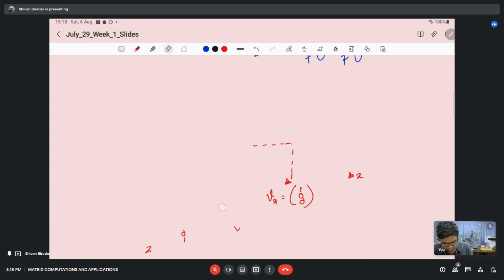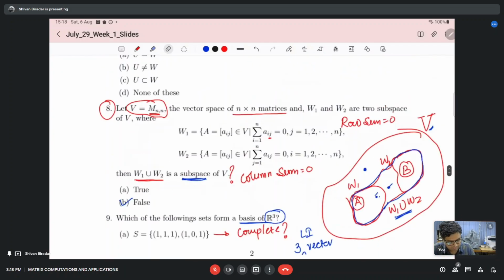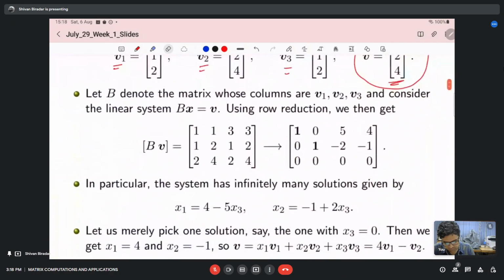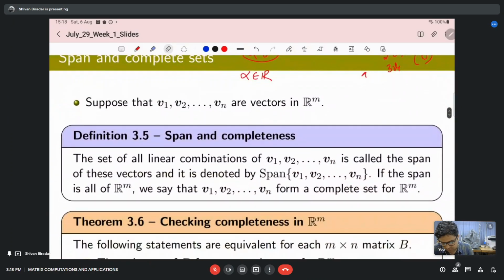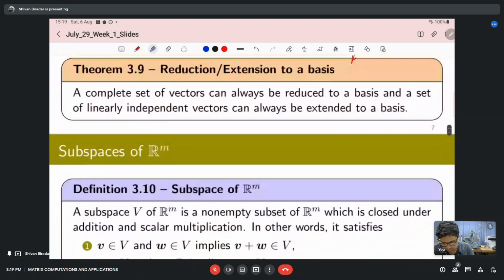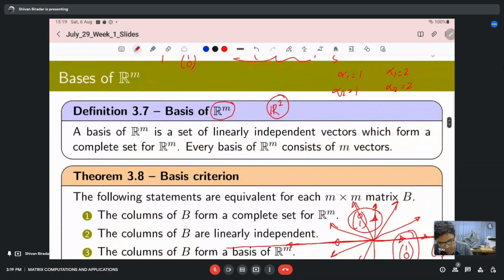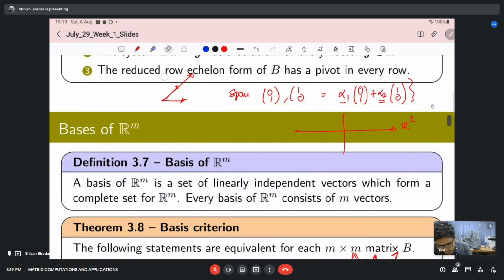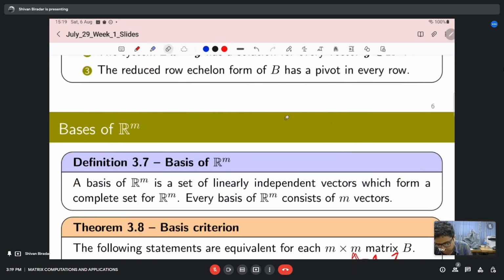I'll be very brief because I have to solve around 8 to 9 questions. So again, I'll take a very simple example and tell you what basis is. Let us again take vectors in two-dimensional space.